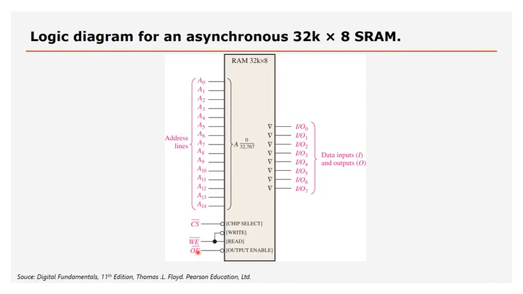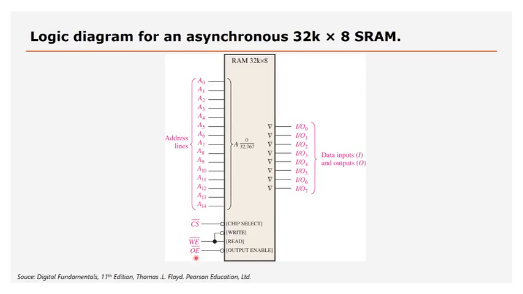Now output enable can be replaced in certain devices. You will see it's going to show as RD for read. So output enable and RD is the same thing. In some devices, like this one here, it says WE for write enable, but it could also be WR, which is the same function of write.